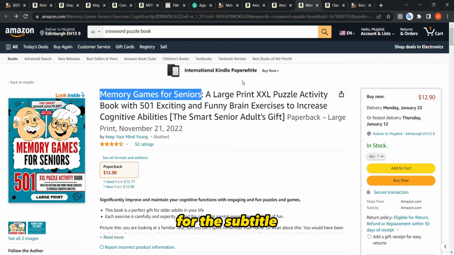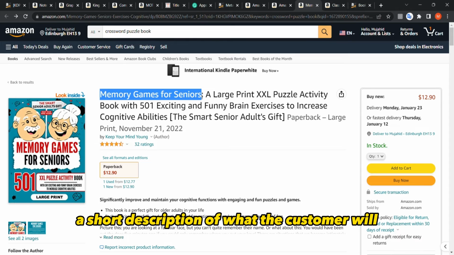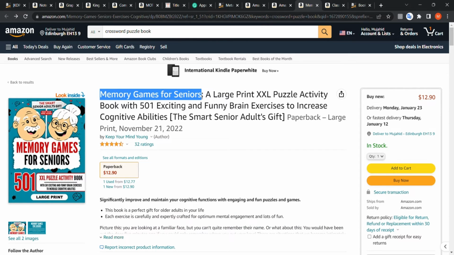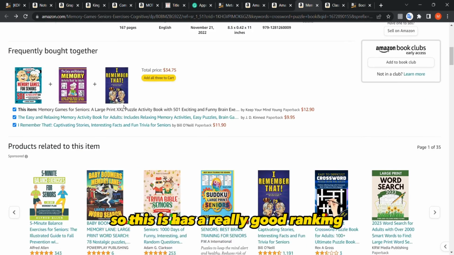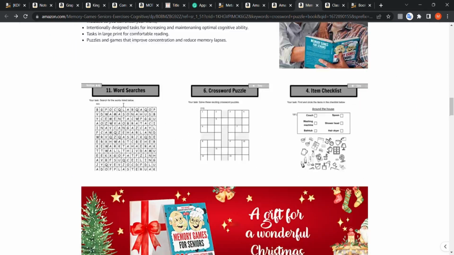For the subtitle, you should include a short description of what the customer will expect from your book. So describe the interior, describe the cover design theme, for example. So here is a really good example. This has a really good ranking, I believe.